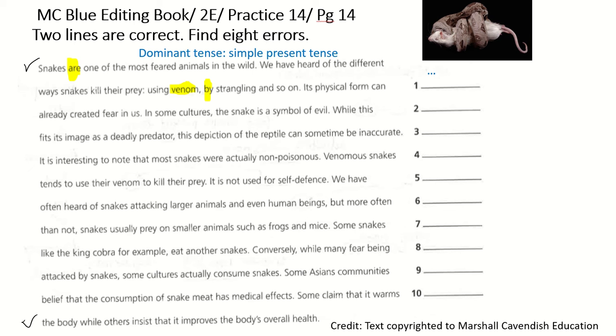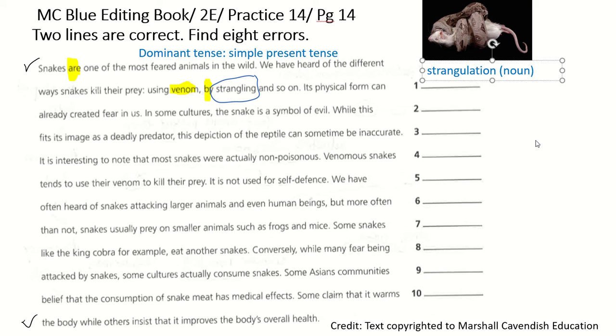So that is not the correct word, and hence this is an error, strangling. What is the noun form of strangling? It should be strangulation. So that is the noun form of strangle.